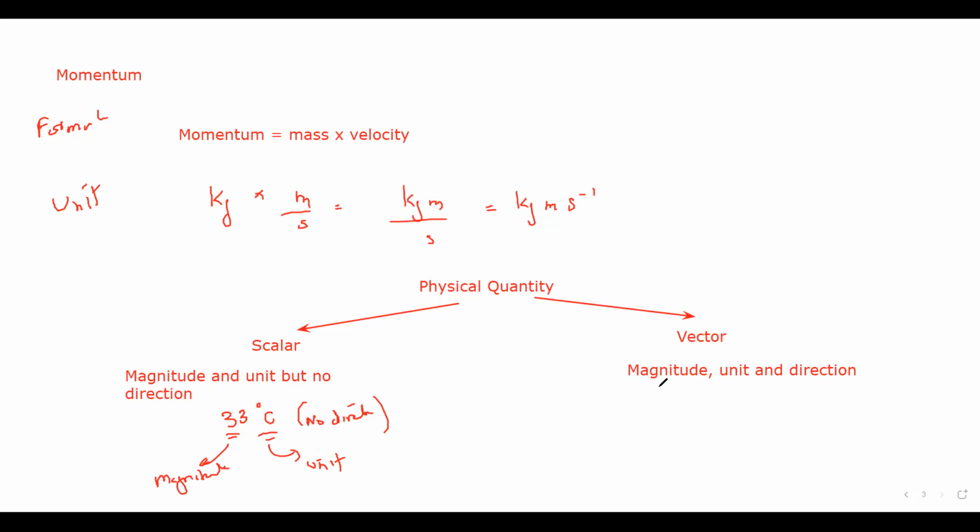Whereas a vector quantity has a magnitude, unit as well as direction. For example, if I say a force of 30 Newton is applied in the direction of east. So 30 represents a magnitude, Newton represents a unit, and east represents a direction. So a quantity which is represented by all the three parameters is known as a vector quantity.